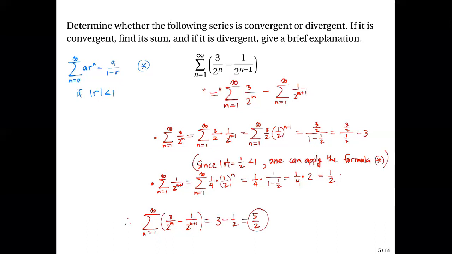So there is a question, why 1/4? Look at the power of 2. The power of 2 is n plus 1, and you want the n minus 1 power. So you have to bring out two 2's, or 2 squared, and 2 squared is 4. That's why we get 1/4 here. Oh, in this one here, sorry, the power is n minus 1.